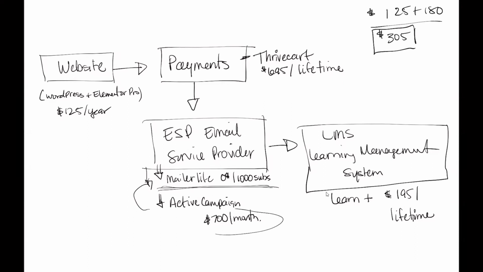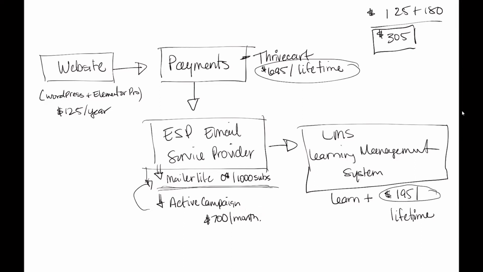And then you just had the one-time payment of Thrivecart Pro and the one-time payment of Learn Plus, and $305 a year. And you can have a tech setup and a tech system that blows pretty much anything else out of the water. If you buy an Elementor template kit, that's a one-time thing you would purchase to make your life easier.